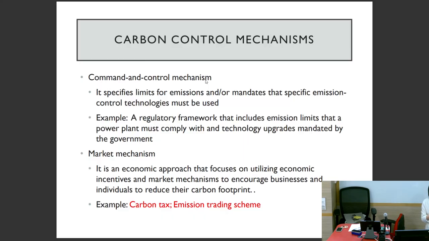This bans the use of plastic cutlery to reduce the impact to the environment and reduce solid waste. These are some examples of command and control mechanism.